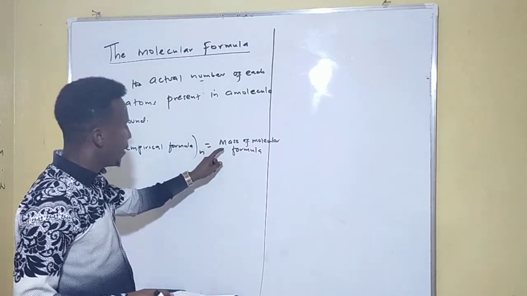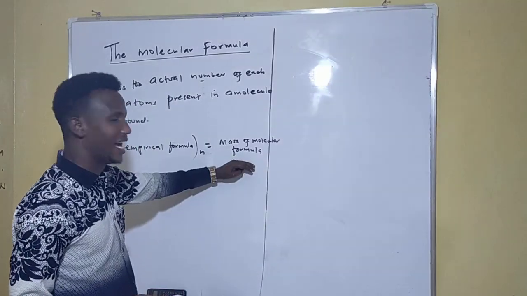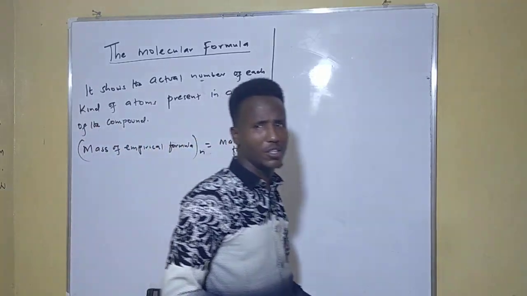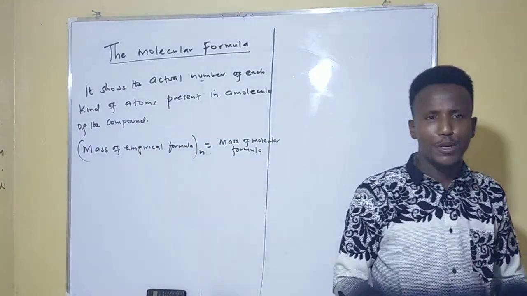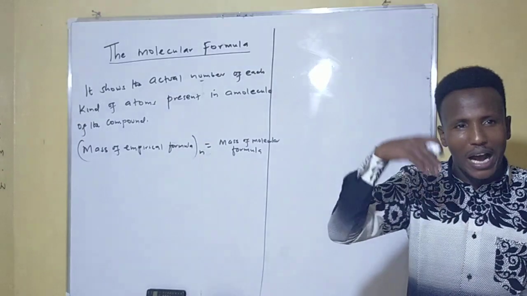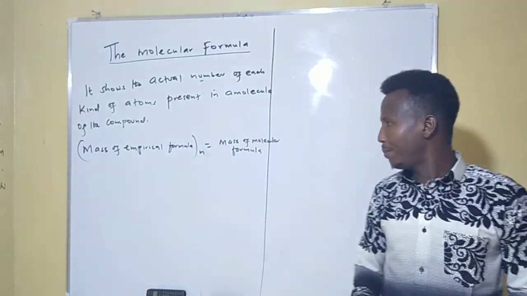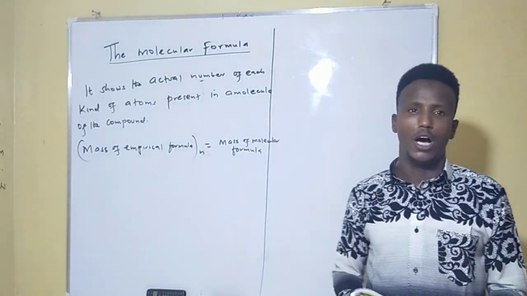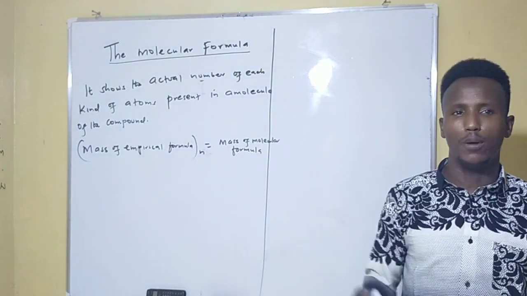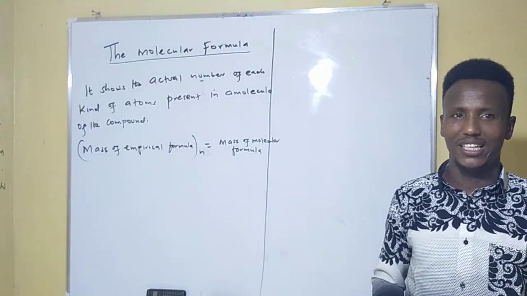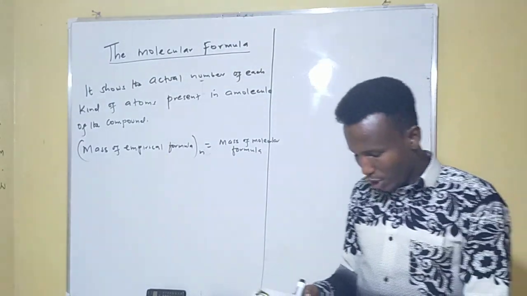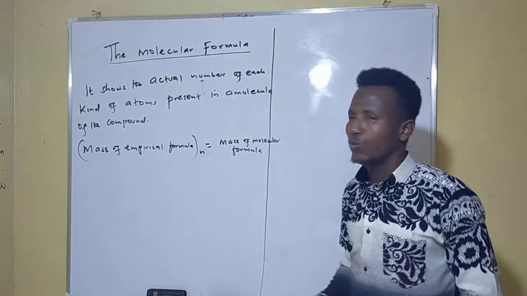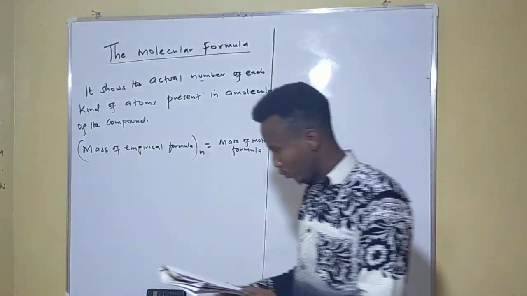That means the mass of the molecular formula is a multiple of the mass of the empirical formula, which means a certain number multiplied by the empirical formula will give you the molecular formula. Just understand that. It's a matter of understanding. Very, very easy, by the way. So with that knowledge, we will go and see the first example.